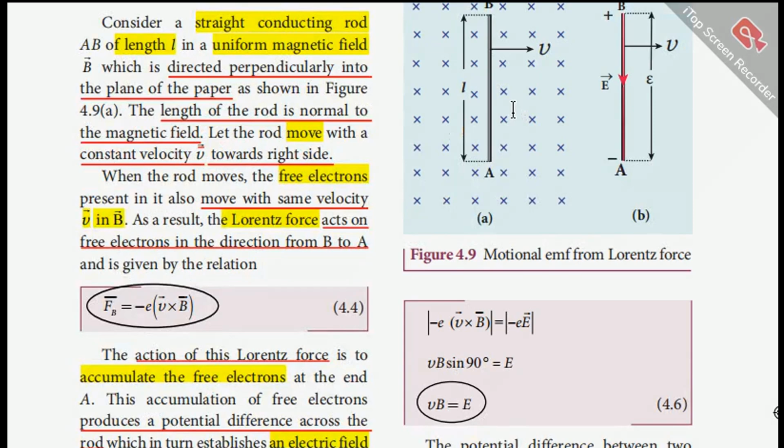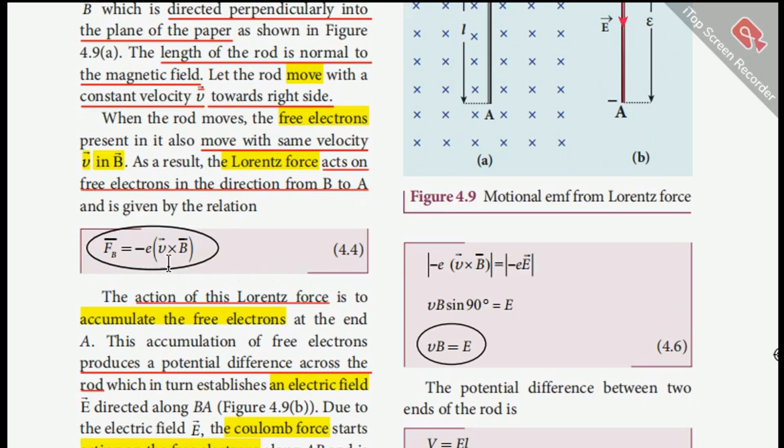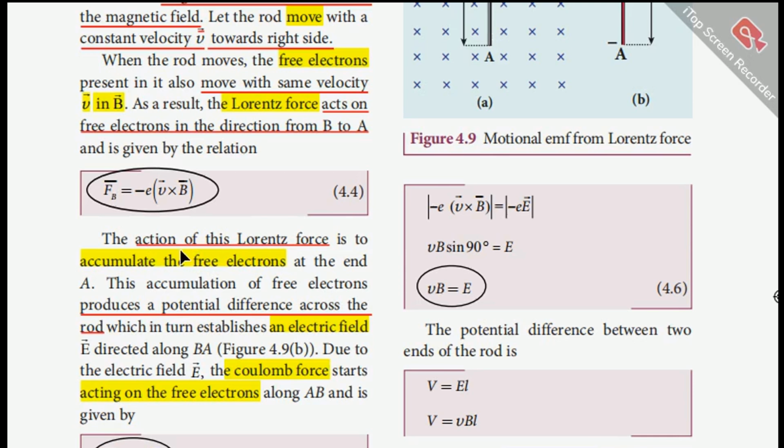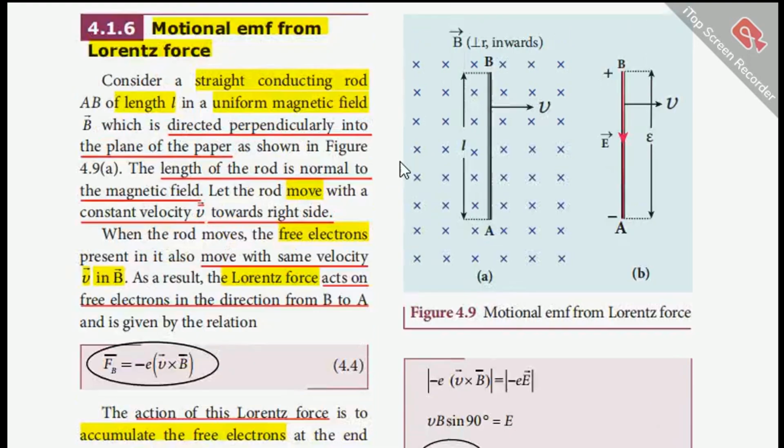As a result, the Lorentz force acts on the free electrons in the direction from B to A and is given by the relation Fb equals minus e times v cross B. The action of this Lorentz force is to accumulate the free electrons at the end A. So here the electrons will get accumulated.